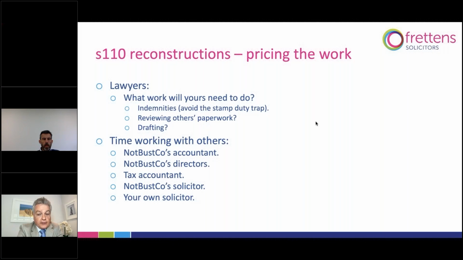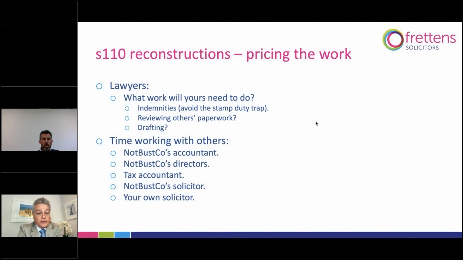And something else that's very relevant to a Section 110 scheme that you don't get in a normal MVL is the amount of time that you are going to have to spend working with other people on this, because it's not just a two-way relationship between you and the company and its directors.